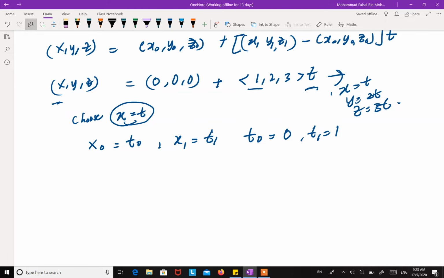So the line segment C is defined as x equals to t, y equals to 2t, z equals to 3t, and t is between 0 to 1.